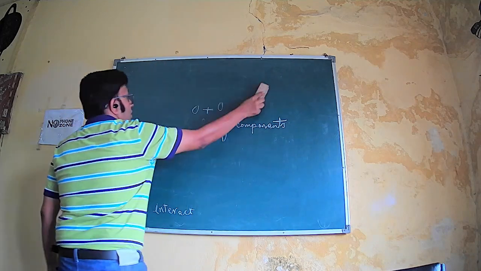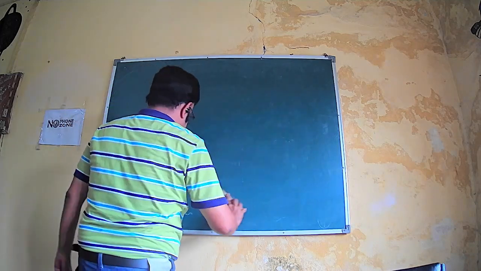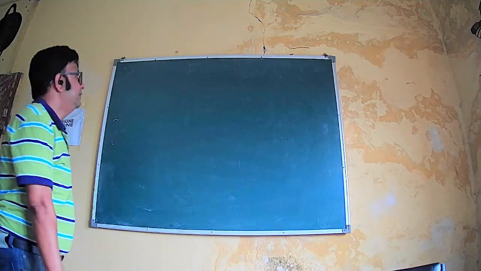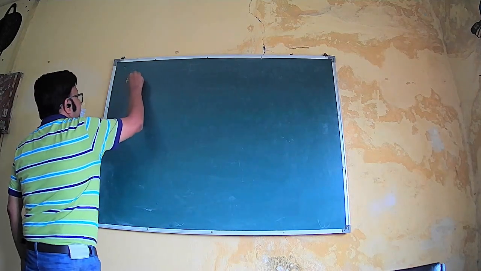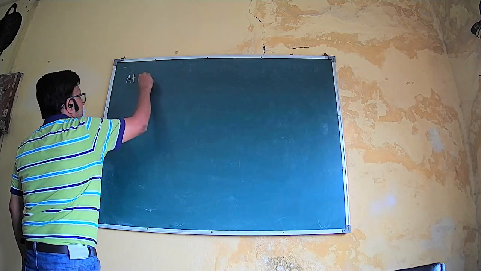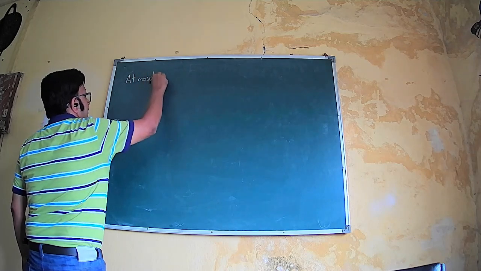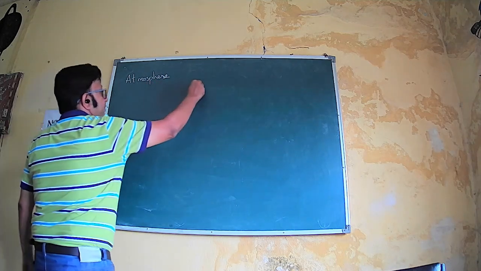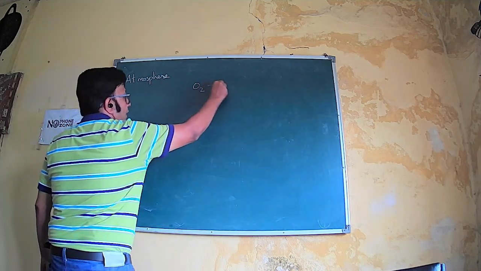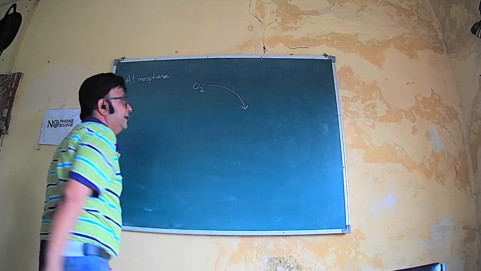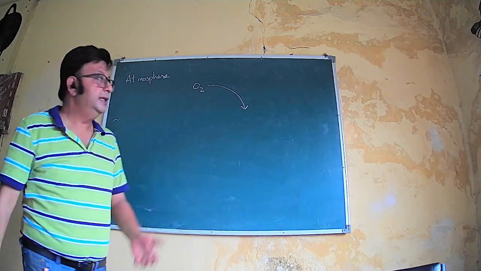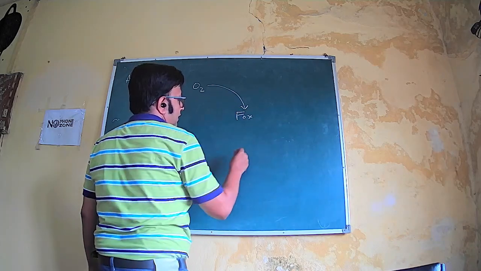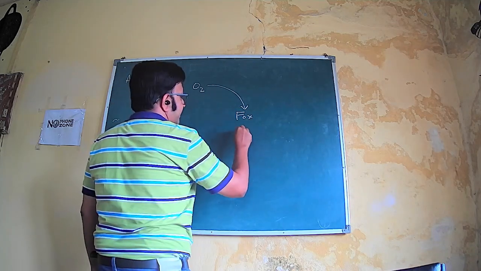Now to draw this particular ecosystem pictorially, just to visualize it, you have the atmosphere. In the atmosphere you have oxygen. Oxygen is taken by, say for example, a fox. Then we call it a rabbit.